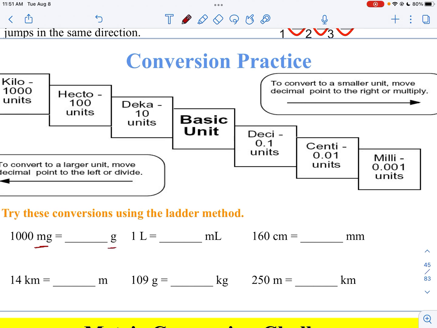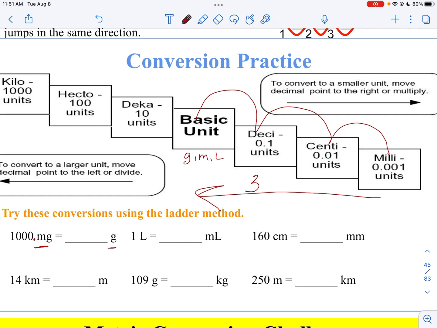So I think about, okay, where am I starting? I'm starting at milli, and I need to go to grams. So I'm going to go 1, 2, 3, because remember, our basic units are right here, single letters. So I did 3 steps to the left. That means I'm going to make my decimal move 3 steps to the left.